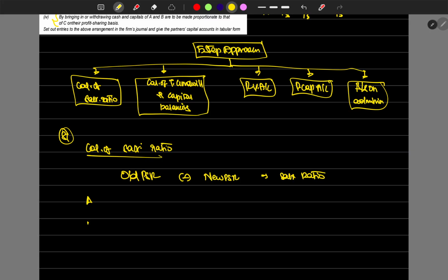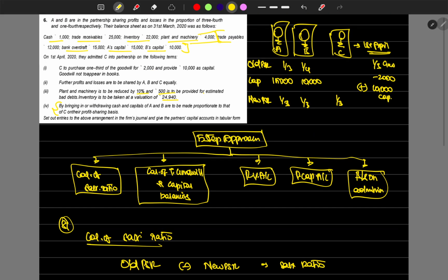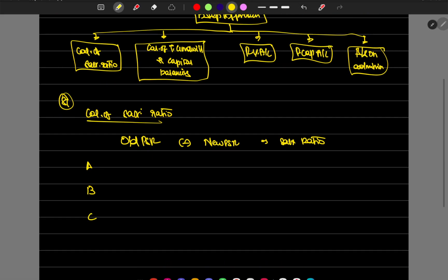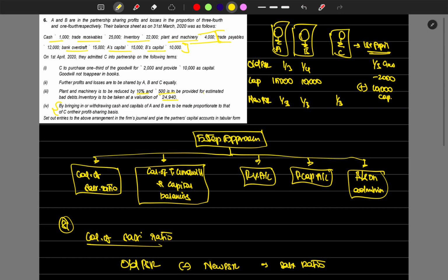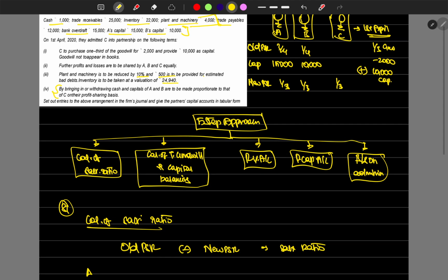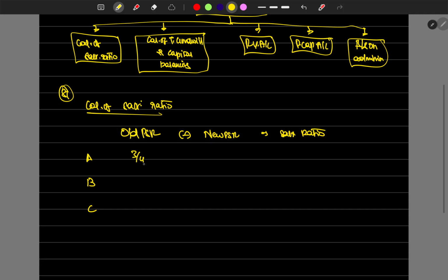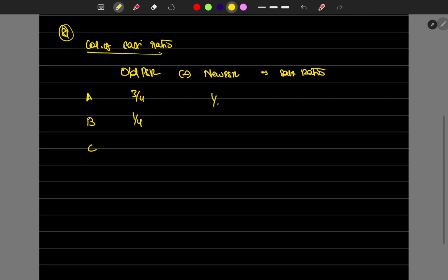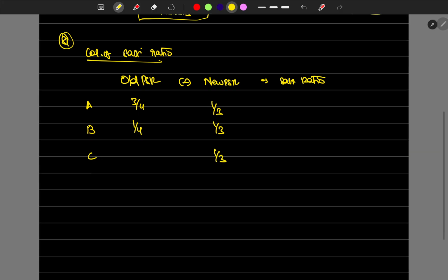A, B and C are the partners. Old share of A is 3/4, B's is 1/4. New PSR is 1/3 and 1/3.